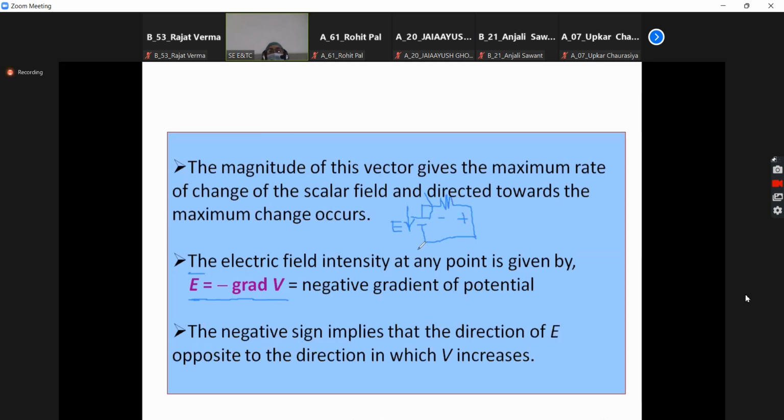Okay, so with respect to what we have learned in network theory, if I have to explain this, then if you have a resistor, the voltage drops.